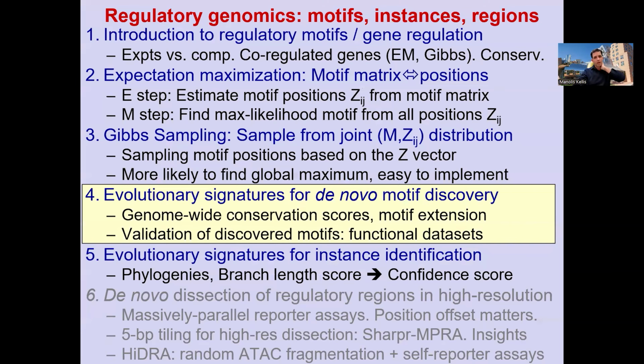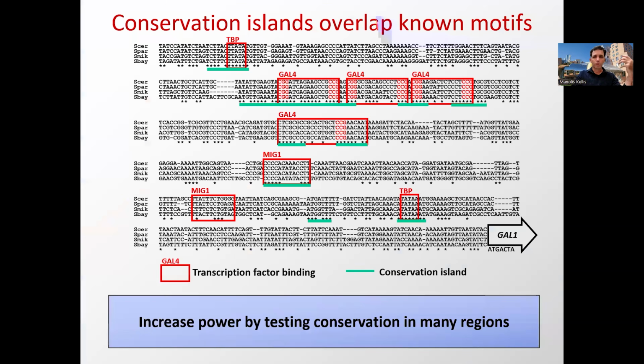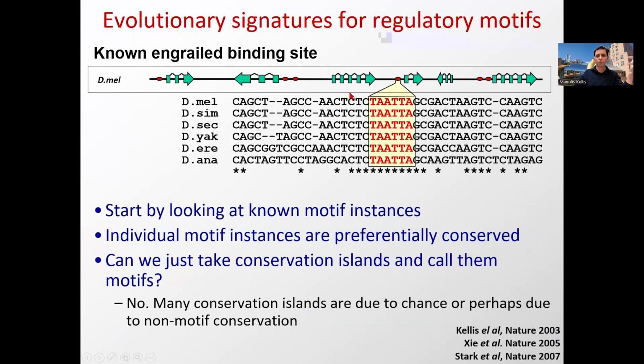We're basically going to now use evolutionary signatures to discover motifs de novo. And what's the key idea? The key idea is that if you look in a given regulatory region, you'll find that there's islands of conservation underlying regulatory motif instances. Everybody with me here? But an instance doth not make a motif. An instance is an instance. How do you discover a motif? Well, you need a lot of instances.